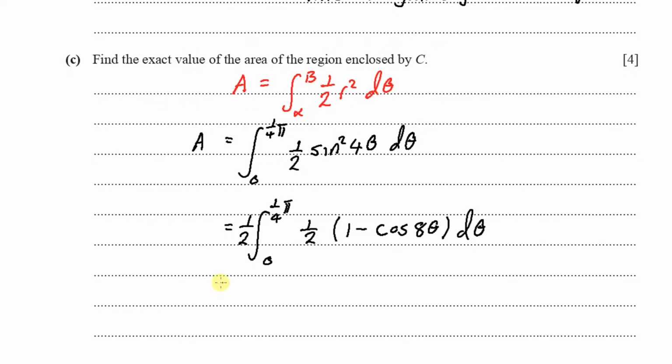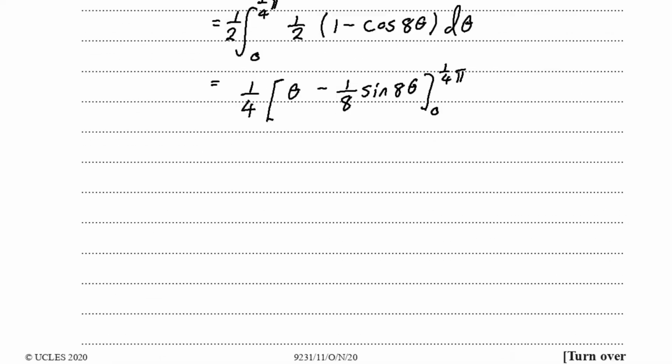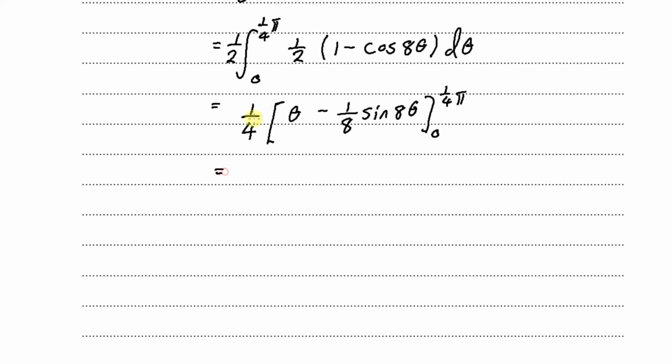So let's integrate this. Now half and a half give us a quarter, and integrating 1 we get theta, and integrating cos 8 theta we get 1 over 8 sine of 8 theta, and that's from 0 to a quarter pi. So we can simplify this. So we have a quarter here, and substituting a quarter pi into this, we have a quarter pi, and that's minus.